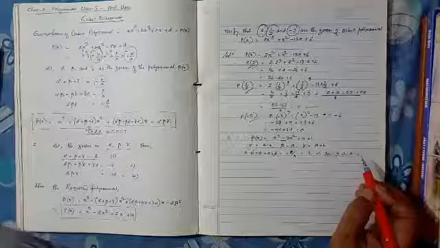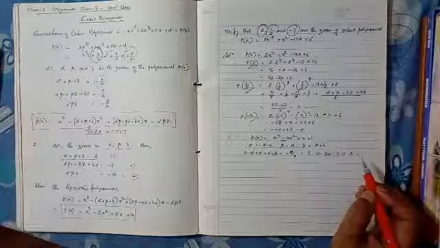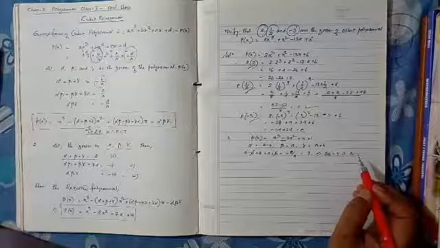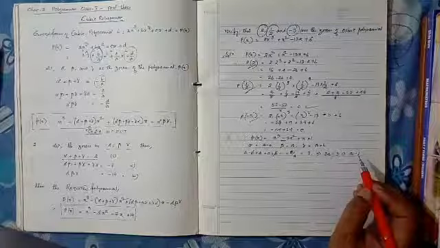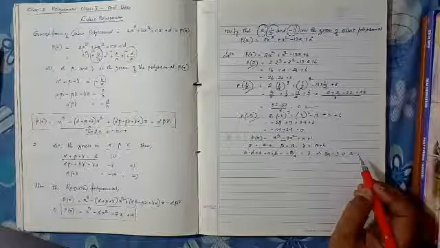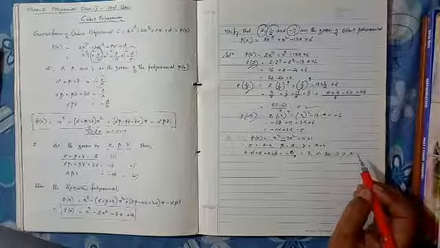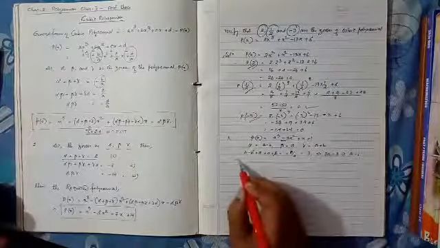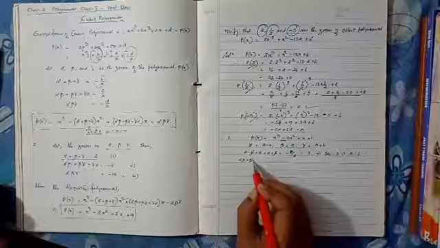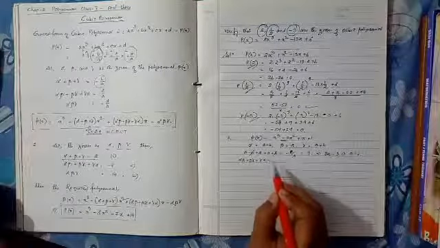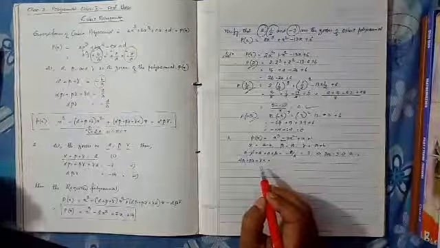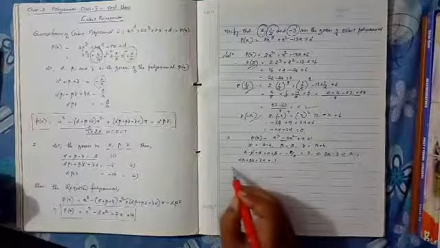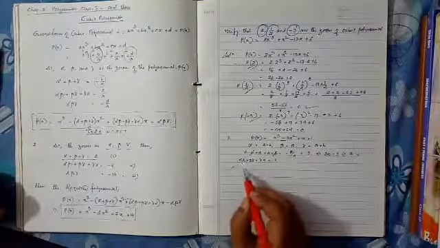And what we have? What are the product of the zeros? And sum of product of the zeros taking 2 at a time. That is alpha beta plus beta gamma plus gamma alpha is equal to c by a. What is c? 1. So 1 by 1, that is 1. This implies what is alpha? A minus b.